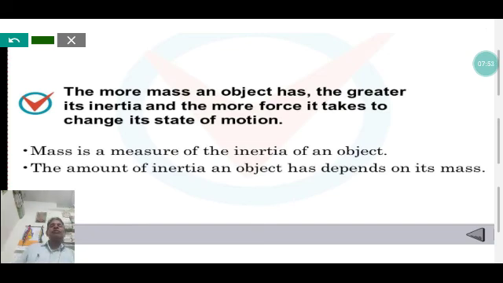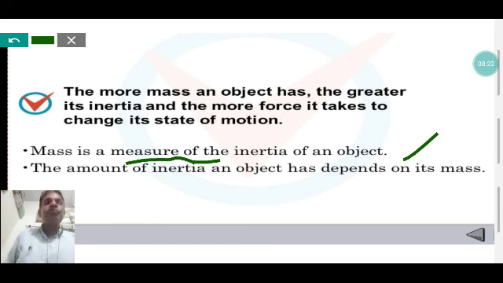That was given in the previous slide: the 300 kg ball has more inertia compared to the 30 kg ball, because a great amount of force is required to move the 300 kg ball. So we can say that mass is the measure of inertia of an object, and the amount of inertia an object has depends on its mass. So inertia can be measured by its mass.